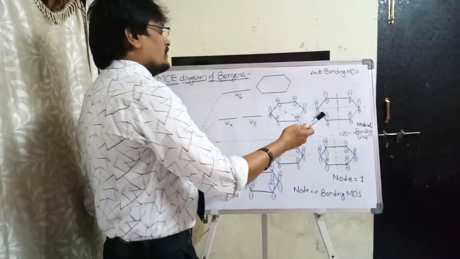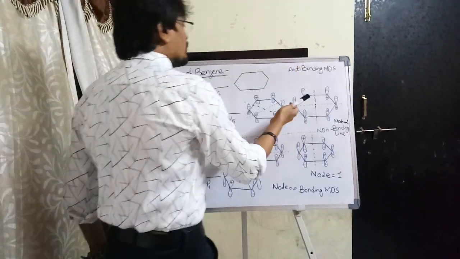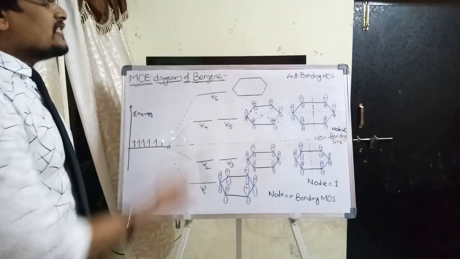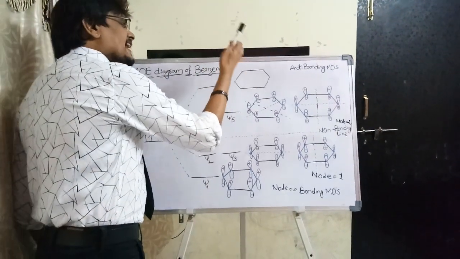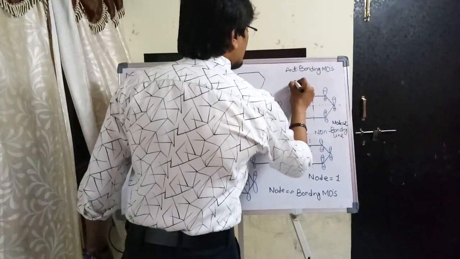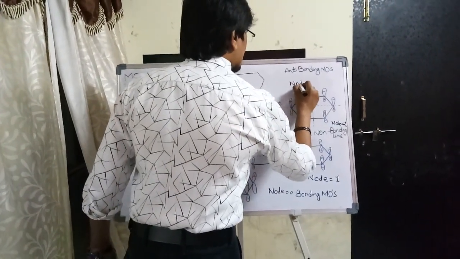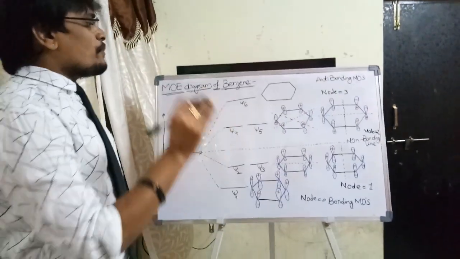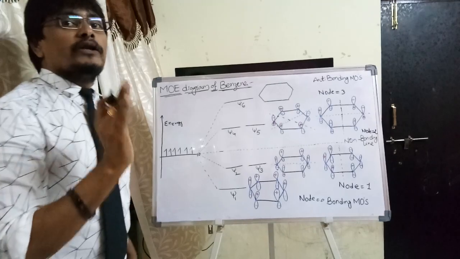So now the one molecular orbital which is associated with the maximum amount of energy, that is, which is occupying the highest energy level, the number of nodes in this particular psi 6 is 3. So 3 are the maximum nodes which are possible in the benzene molecule.